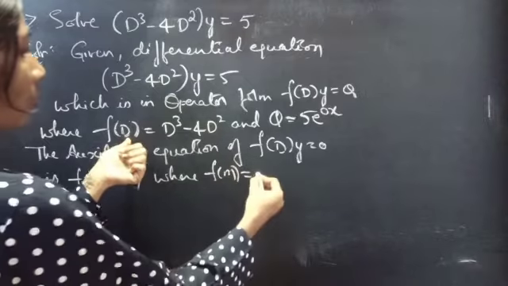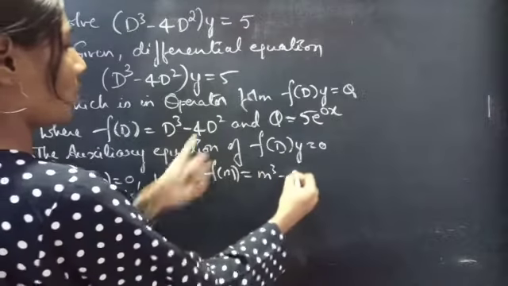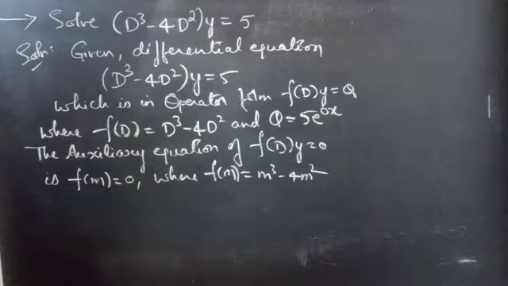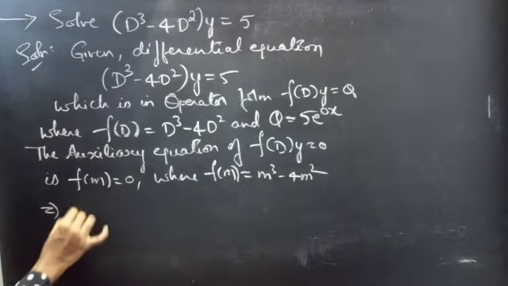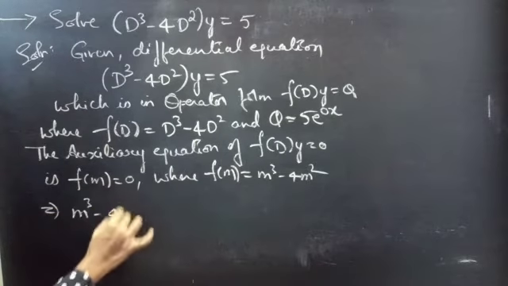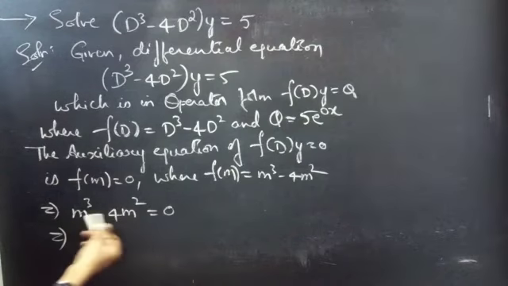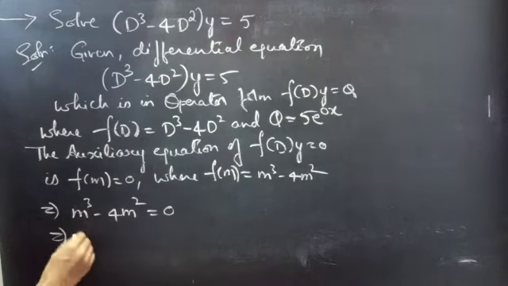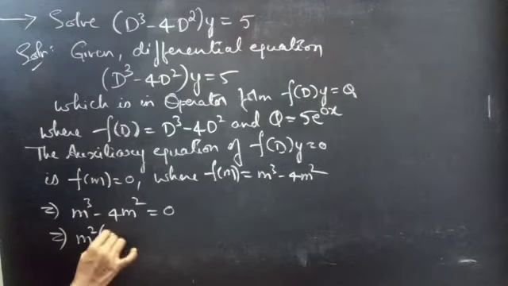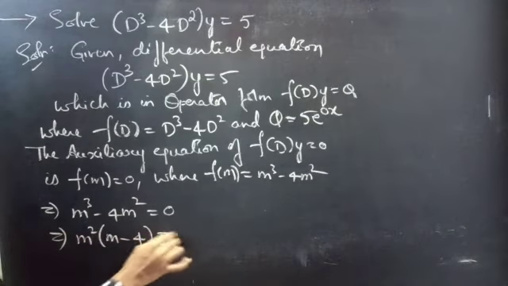Then you'll get F(m) equals m cube minus 4m square. Now the auxiliary equation will be m cube minus 4m square equals 0. Since you have m square in both the terms, let's take m square common. Then you'll get m square times (m minus 4) equals 0.